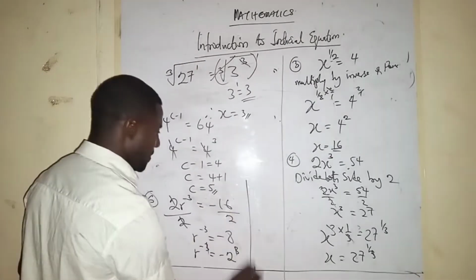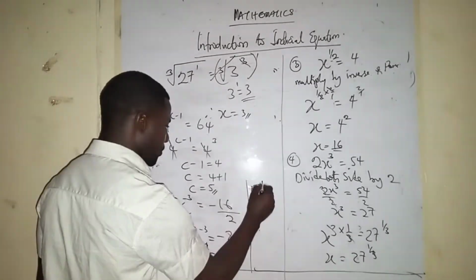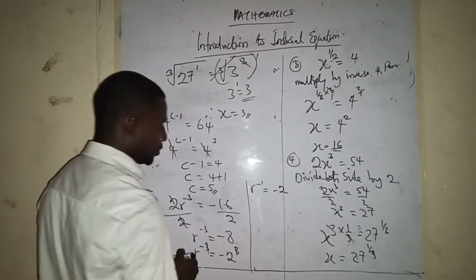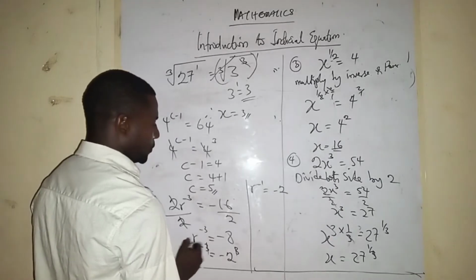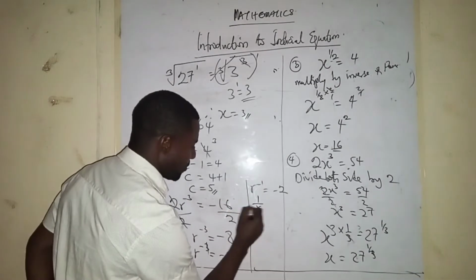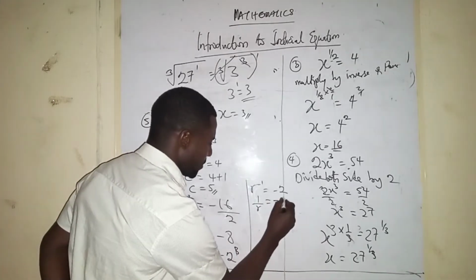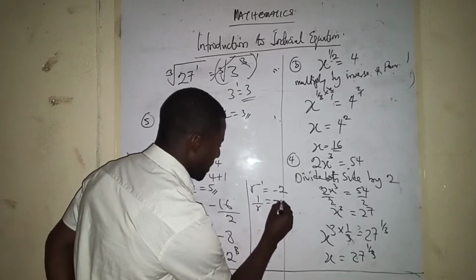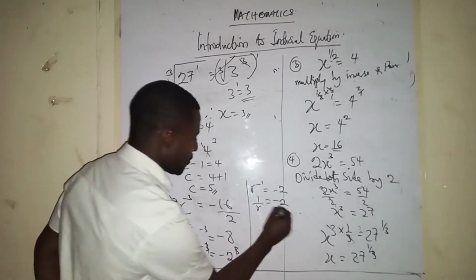So what we're having here is r raised to power minus 1 is equals to 2. So in this case here, we'll just go like this. 1 over r is equals to 2 over 1.